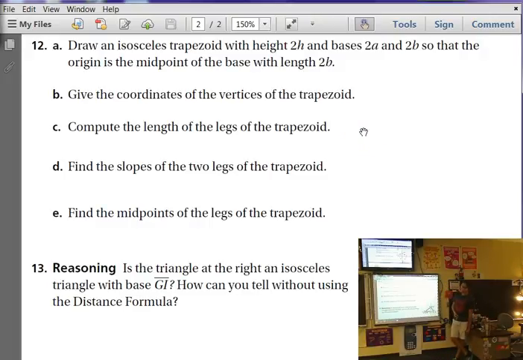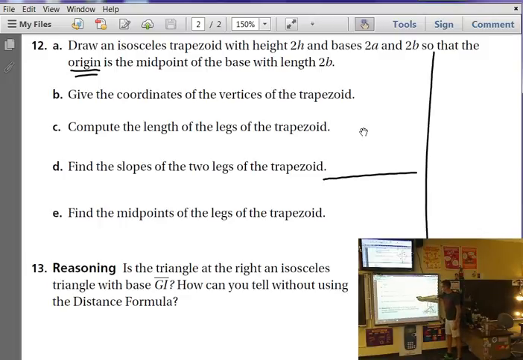So the origin is the midpoint of the base with length b. First thing we do is we see that they're referencing the origin, so I need to make a coordinate plane. Then I know that my bases are 2a and 2b, and the origin has to be the midpoint of the base with length 2b.